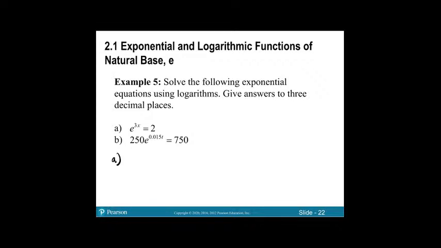On the left, we're going to be left with 3x. On the right, we're going to be left with natural log of 2. So then x is going to be equal to the natural log of 2 divided by 3. And so that's going to be approximately, so if we do natural log of 2 divided by 3, it says 3 decimal places, so 0.231.